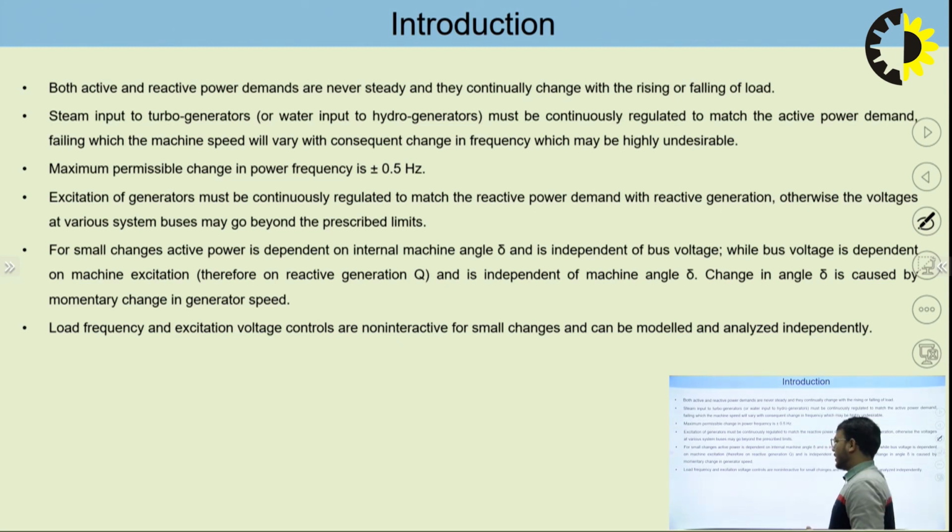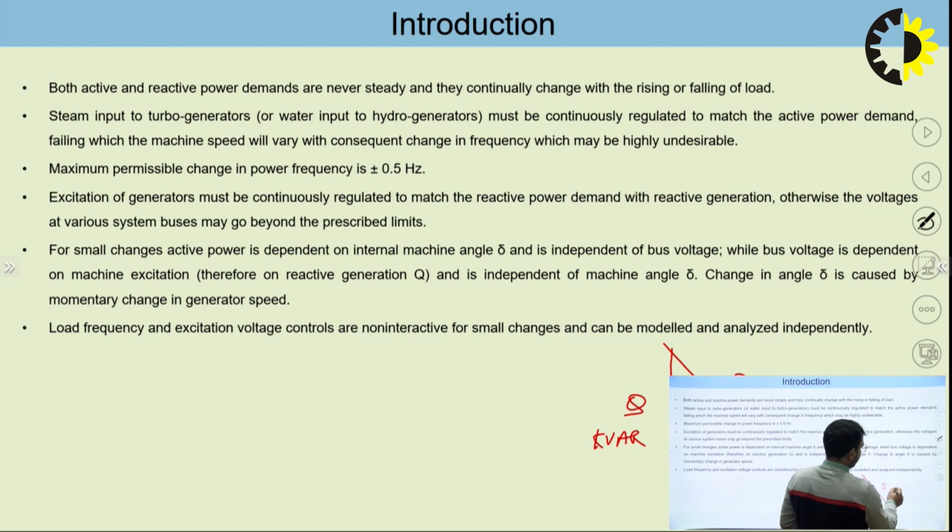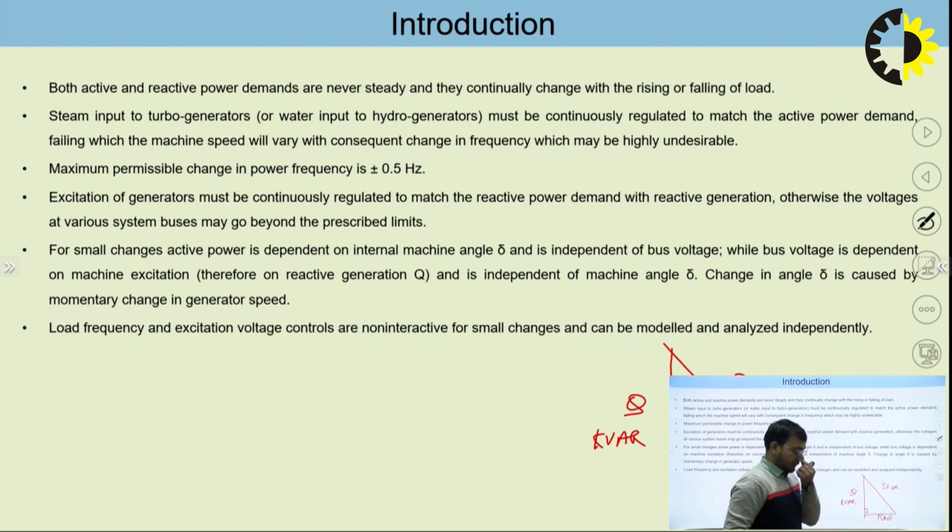And we know that the power triangle is this one, in which we have S, the apparent power. This is 90 degrees, this one is reactive power Q, and this is real power P. The unit of P is kilowatts, of Q is kVAR, and of S is volt amperes, or kVA if we are using kilos.